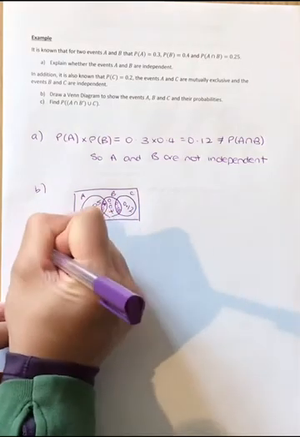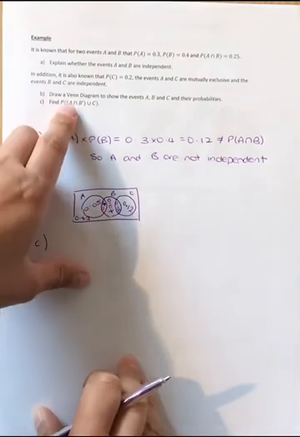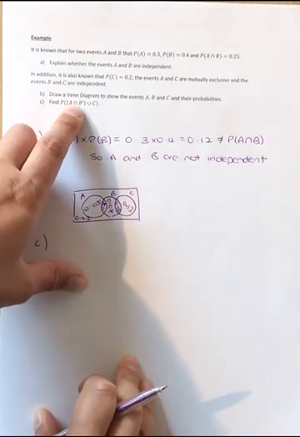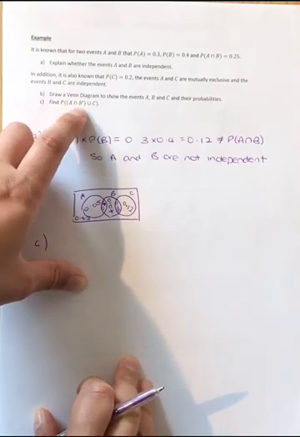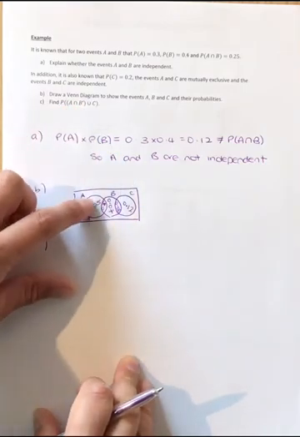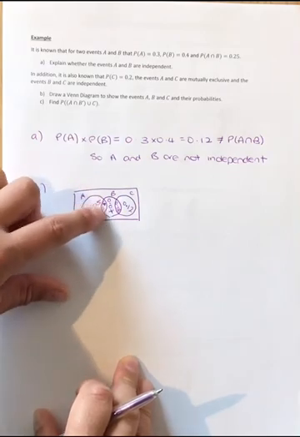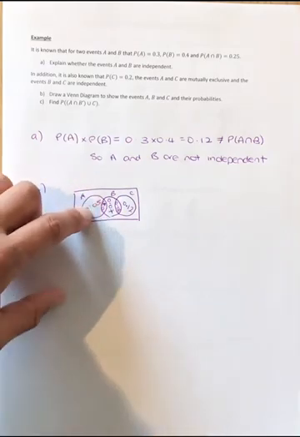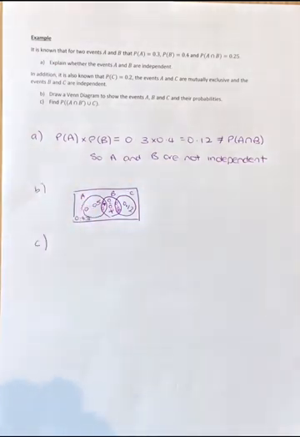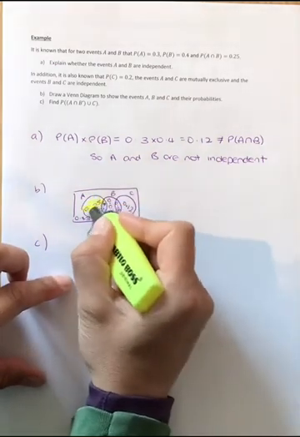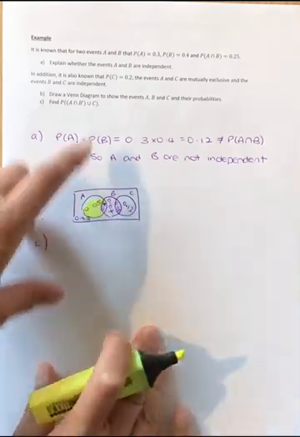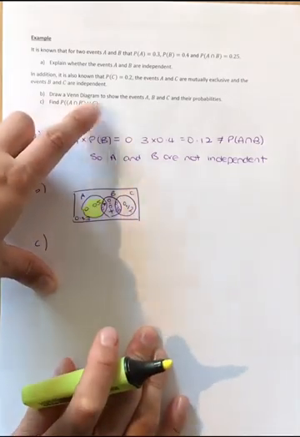So for part C, I want the probability of A intersect B complement. So that means it needs to be A and not in B. So here's my circle A, and the bit that is also not in B is this 0.05. And I need that or something that's in C or something that's in both.